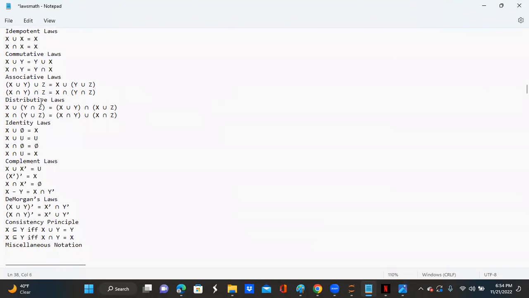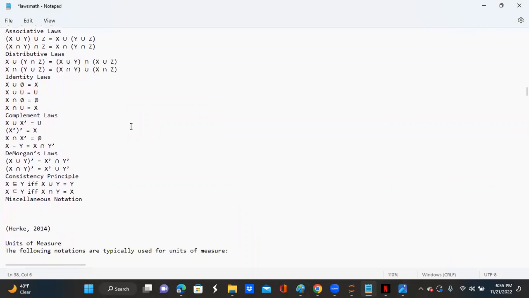And the distributive laws: the union of x and the intersection of y and z equals the intersection of the union of x and y and the union of x and z. And the intersection of x with the union of y and z is equal to the union of the intersection of x and y and the intersection of x and z.